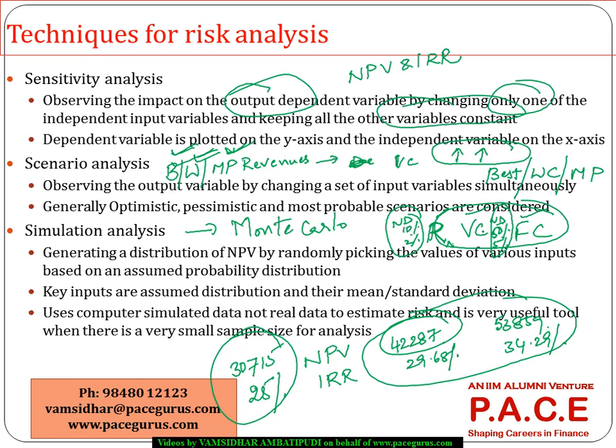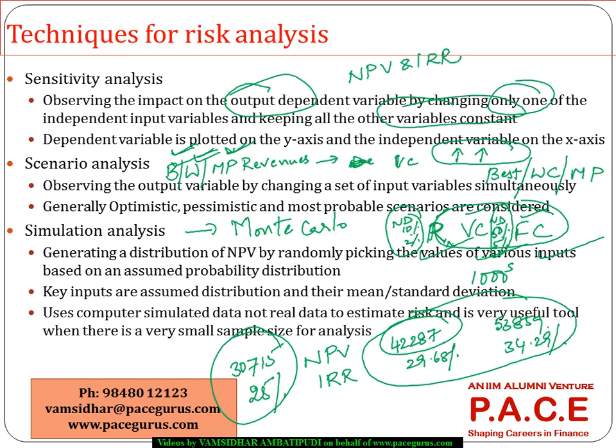So by looking at a proper distribution and the parameters for each of these variables, we use a computer system to randomly generate one value for each of these, and like this we generate thousands of such scenarios. So we are not generating the values manually, we are asking the system to generate these input variables, which is more of an extension of your scenario analysis.